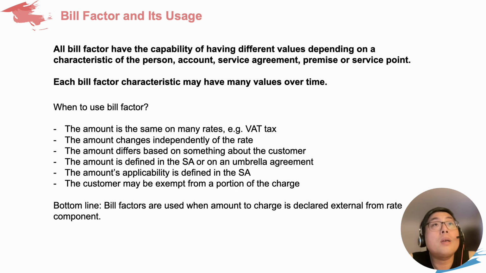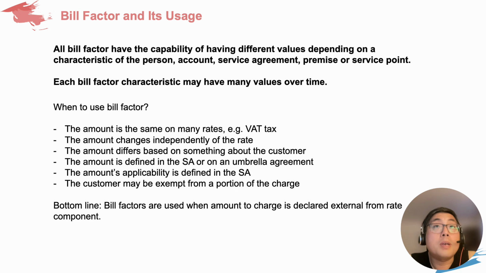Over here, we're saying when to use bill factor. Given what we said up there, you can see it can be used if the amount is the same on multiple rates, if the amount changes independent of the rate, if they differ from the customer defined in the service agreement, or if the amount applicability is defined in the service agreement.